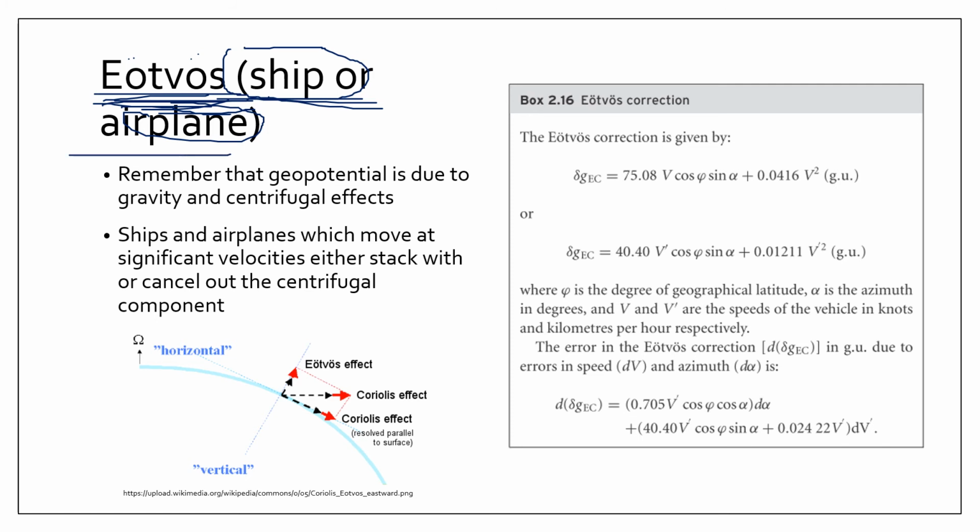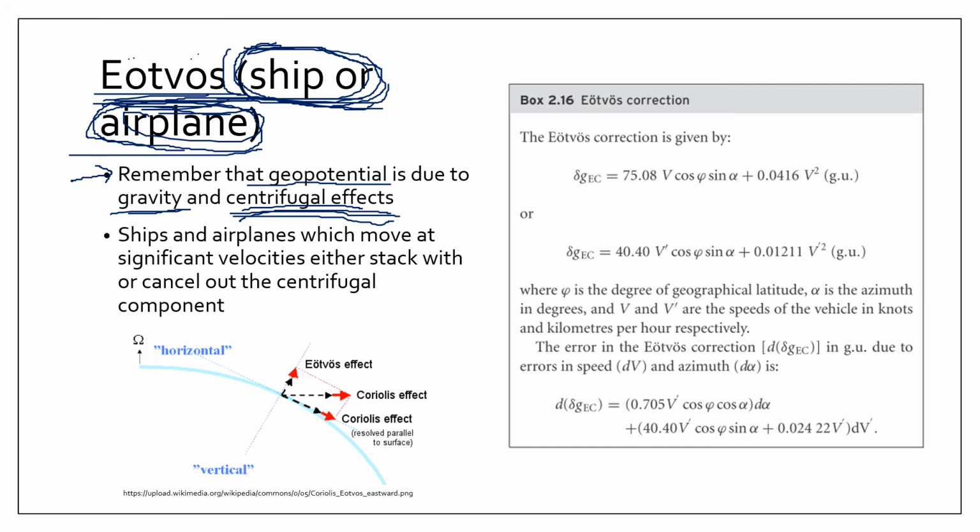So this is relevant because remember previously that the acceleration due to the geopotential is due to gravity or the mass of the Earth and due to the centrifugal effects or the rotation of the Earth. So since the Earth is rotating constantly, if you are doing a survey that involves relatively fast moving vehicles, these vehicles are actually subject to the centrifugal force of the Earth.